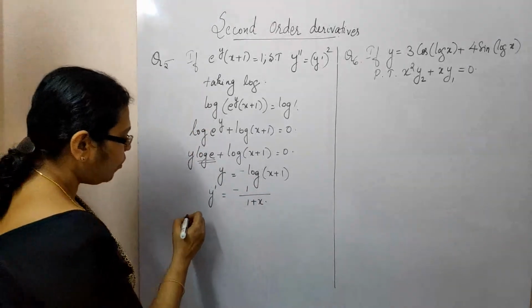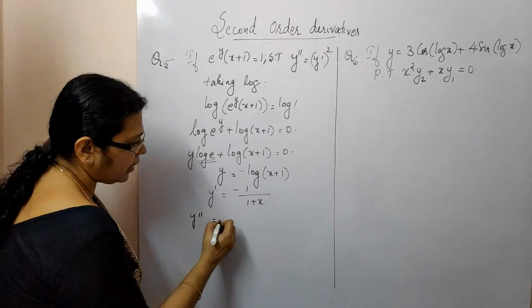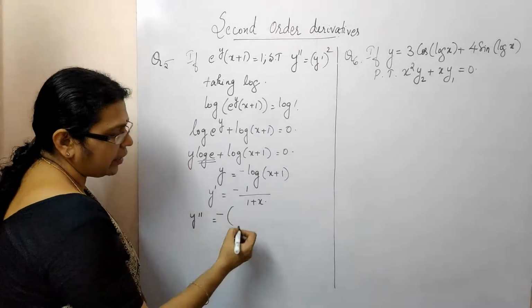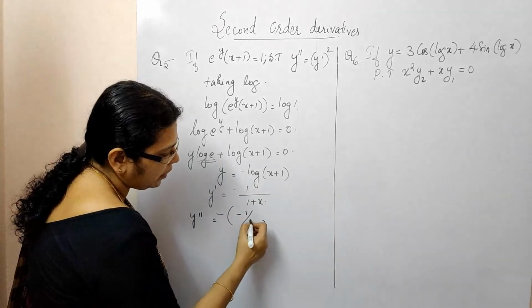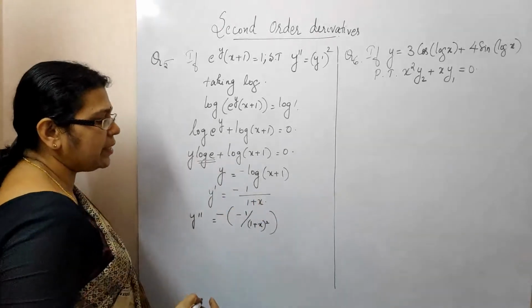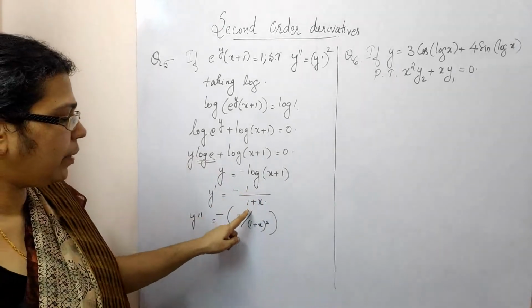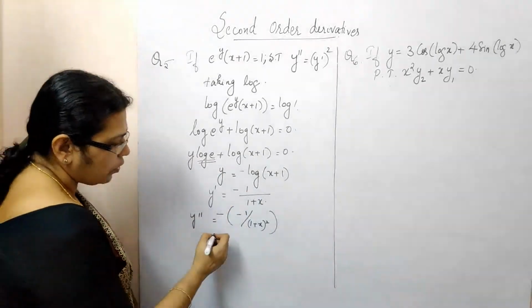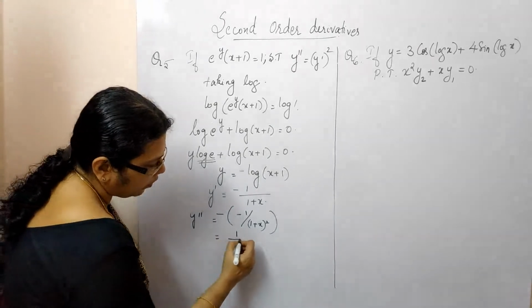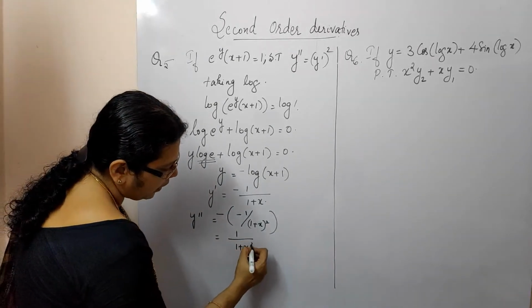Okay. Now, what is y2 dash? Second derivative of this, minus remains outside. That is minus of 1 by 1 plus x the whole square. You have to consider this as 1 by x. Derivative of 1 by x is minus of 1 by x square. Minus is already outside. So, minus of minus is what? Plus 1 by 1 plus x square.